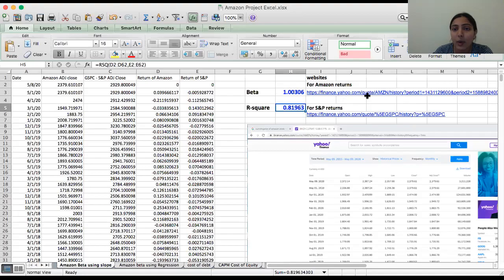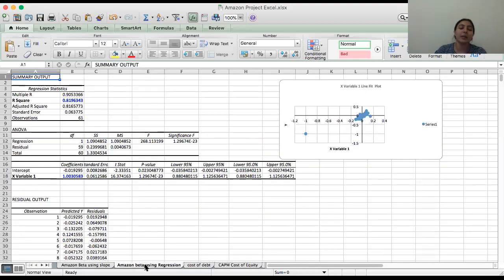And here are the websites which I've used. Now, in order to find the beta and the R-square, there are two different methods. One that I've already shown you, the formula method, the formula of slope and R-square. And the second method is a feature in Excel called data analysis.